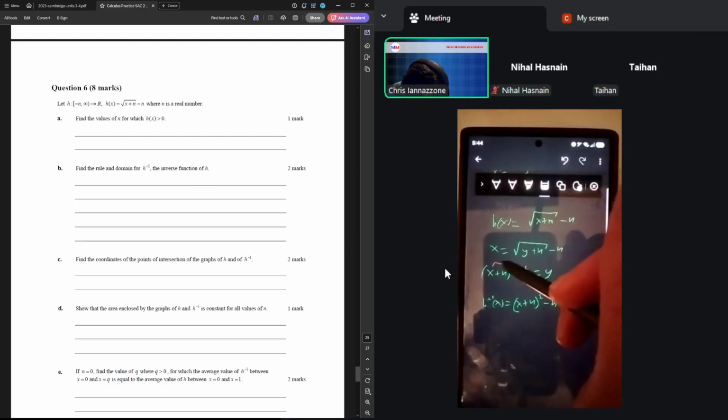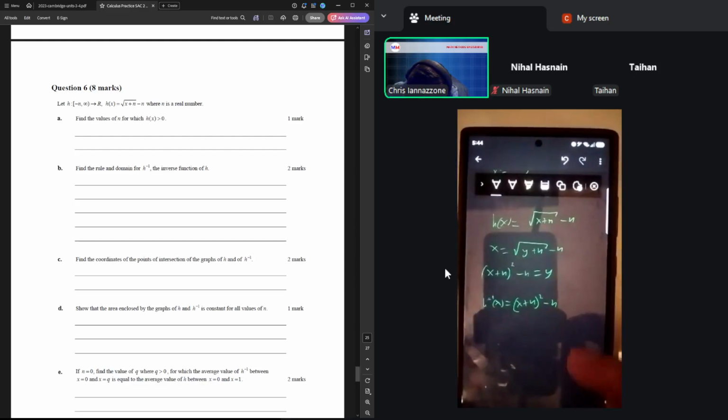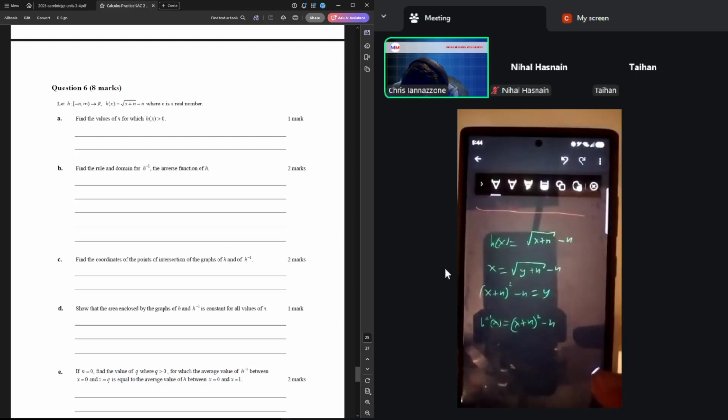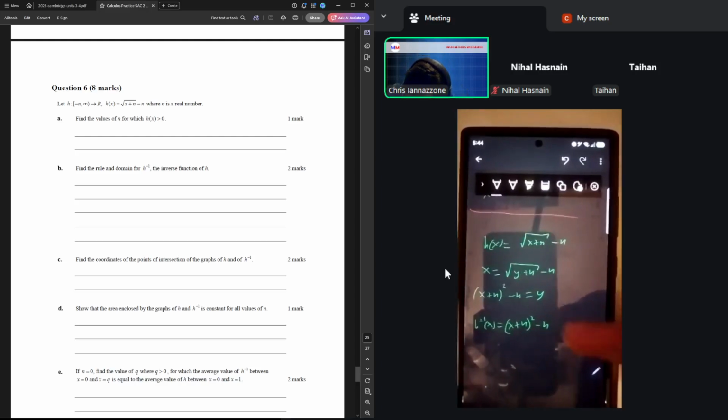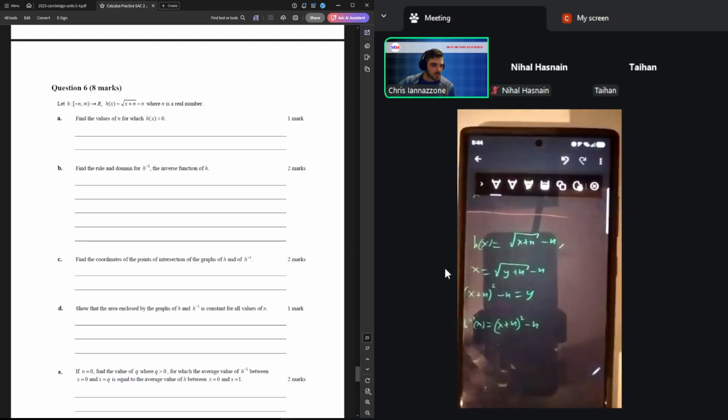And then yeah, if you wanted to, you could expand it to make it look like the CAS, but if you already got it on the CAS, you might as well just use the CAS version. And then as for getting the domain, if you were doing this in a tech-free way, then what you'd want to do is consider how inverses are related to their original. Does anyone remember the whole domain and range stuff when it comes to inverse pairs?